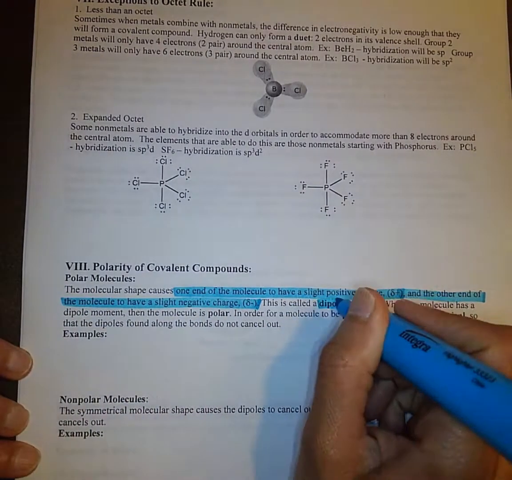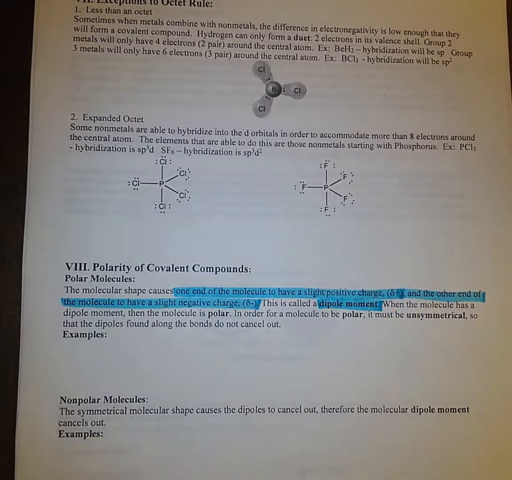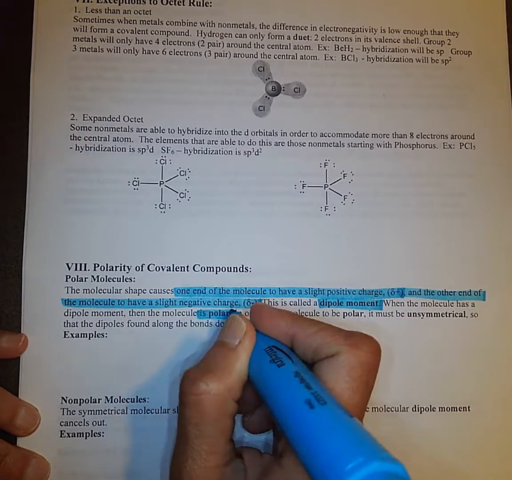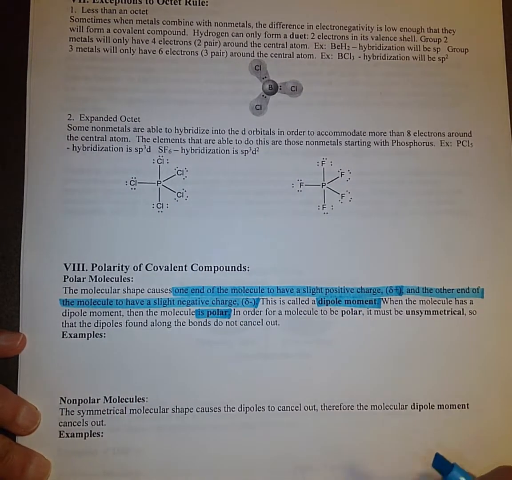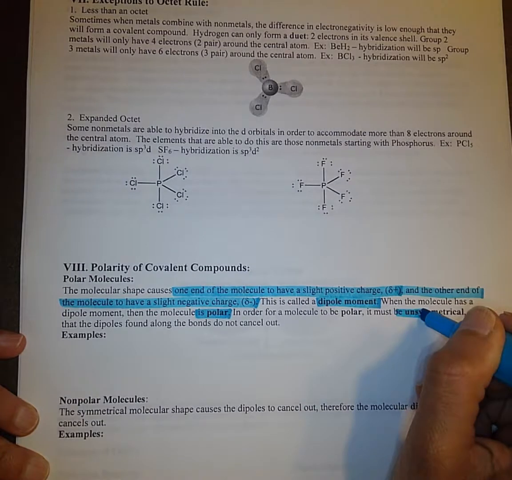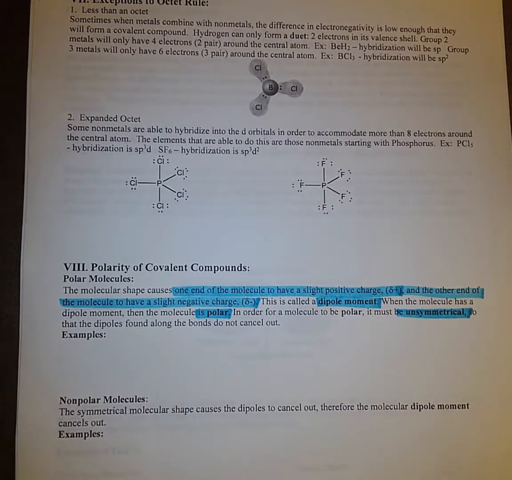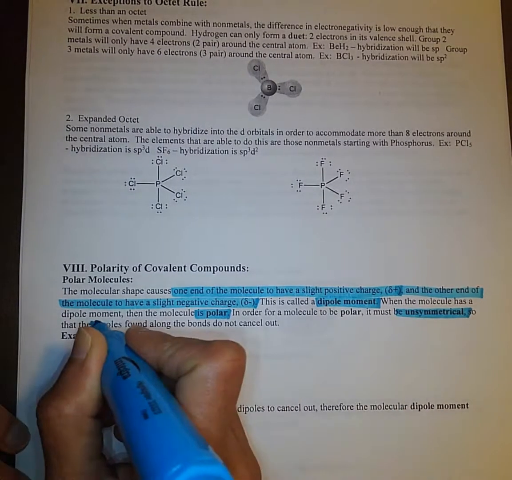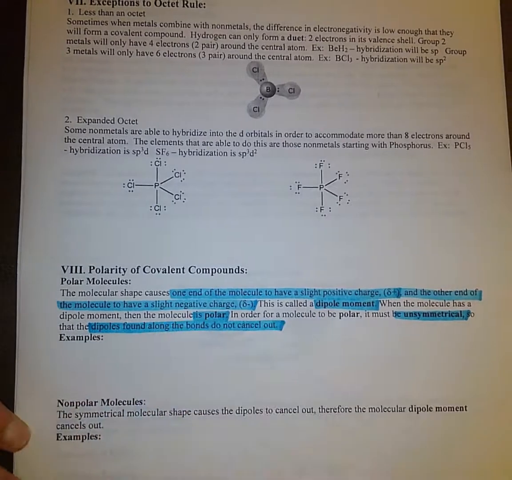This is called a dipole moment. And when the molecule has a dipole moment, then the molecule is considered to be polar. And that means that the molecule is unsymmetrical, and so the dipoles do not cancel one another out. Okay, so what exactly does that mean?